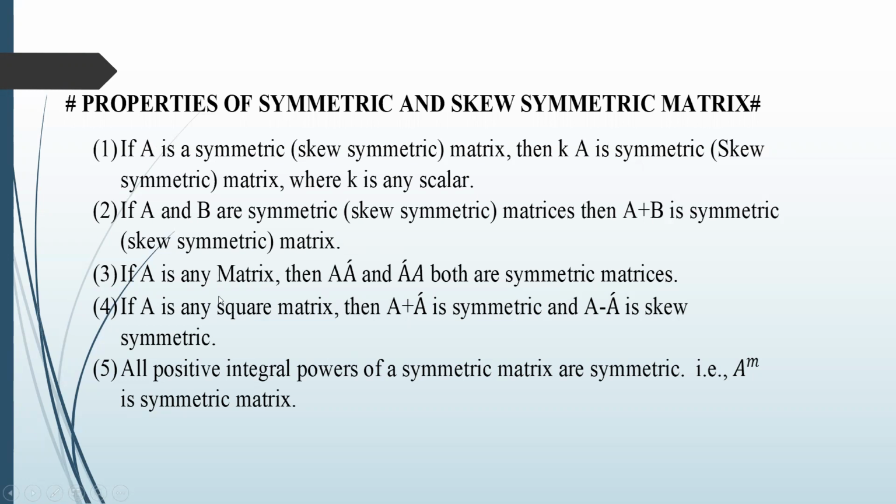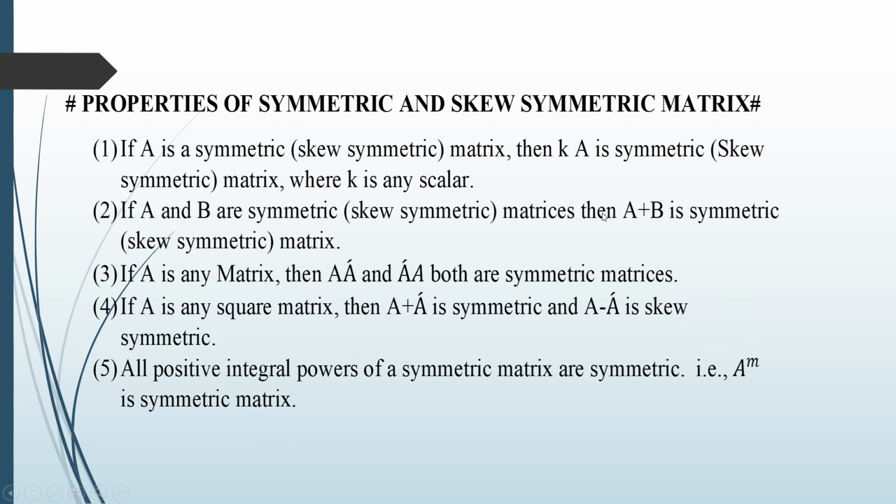Third, if A is any matrix, then A transpose A and A A transpose both are symmetric matrices. Okay. If A is any square matrix, then A plus A transpose is symmetric and A minus A transpose is skew symmetric. So these are the properties, and the last one is all positive integral powers of a symmetric matrix are symmetric. That is, A raised to the power m is a symmetric matrix if A is symmetric. So is that clear?